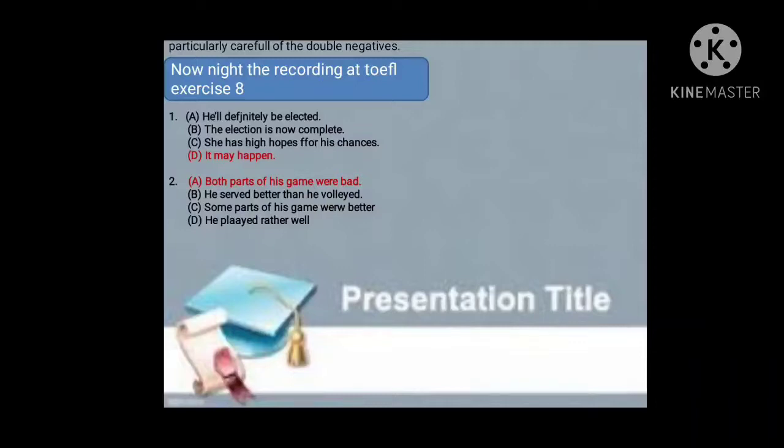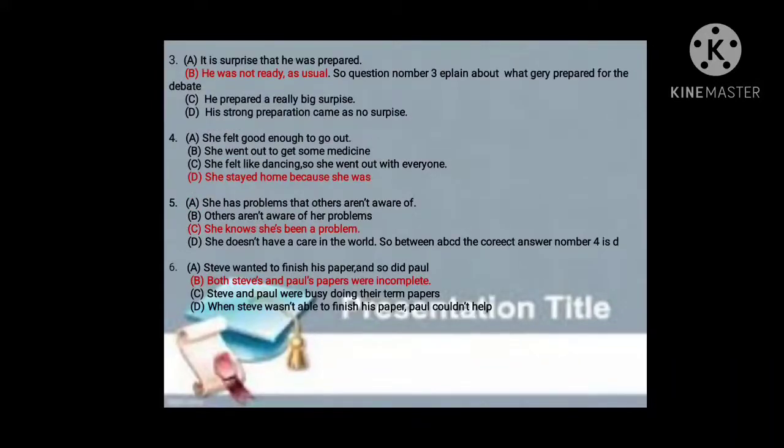I didn't serve well, and I didn't volley well either. What does the man say about his tennis game? Number 3. Was Gary prepared for the debate? It's no surprise that he was unprepared. What does the woman say about Gary?